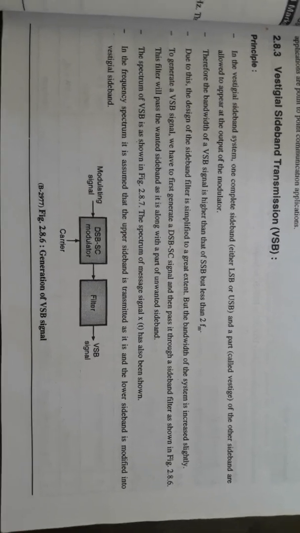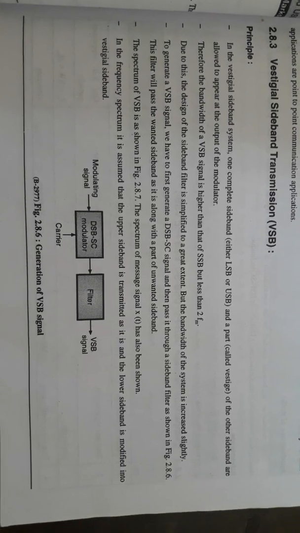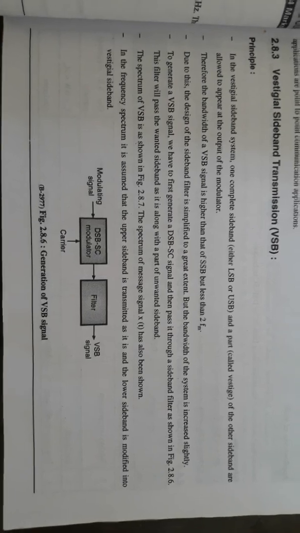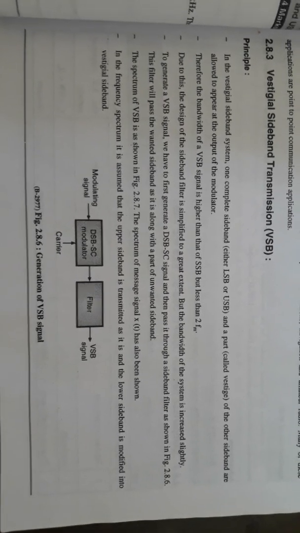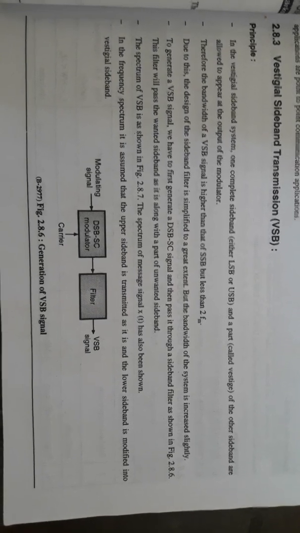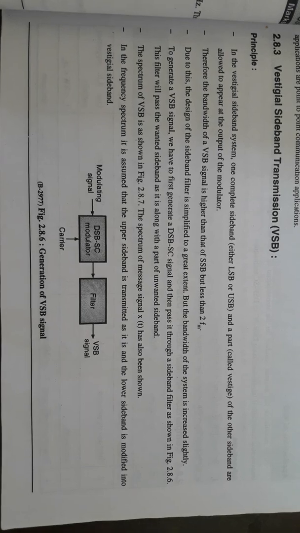So not the full LSB, only a part or vestige of LSB is transmitted. In the other case, if we want to transmit a full LSB, then a part of USB, a vestige of USB, is transmitted.